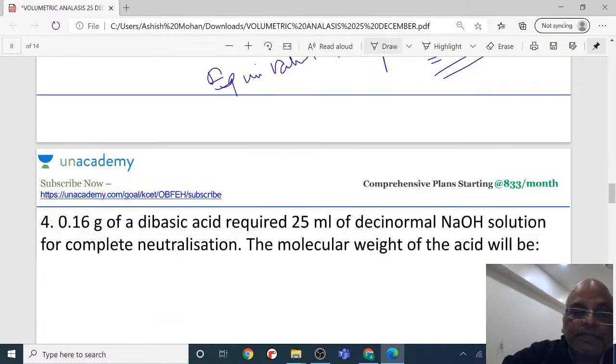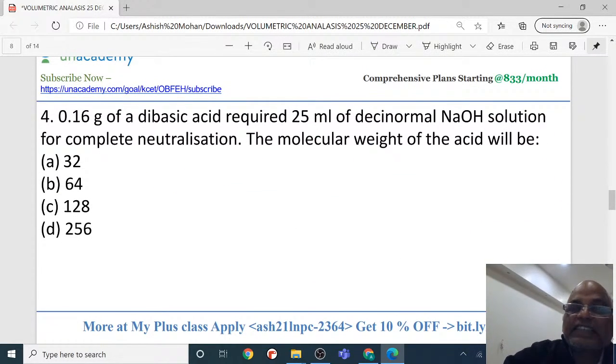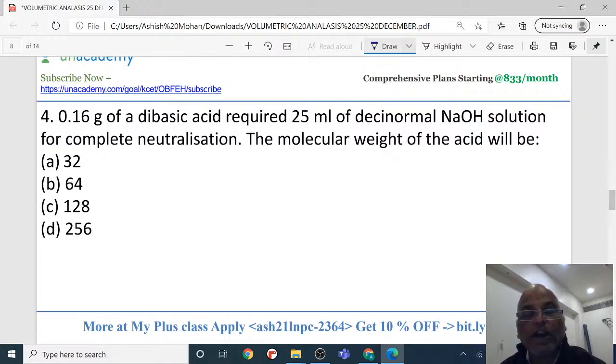Next question. 16 gram of a dibasic acid requires 25 ml of decinormal NaOH for complete neutralization.